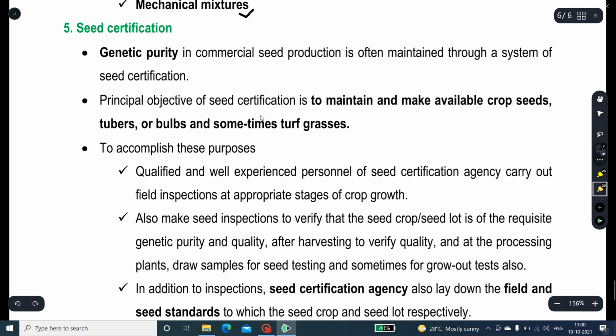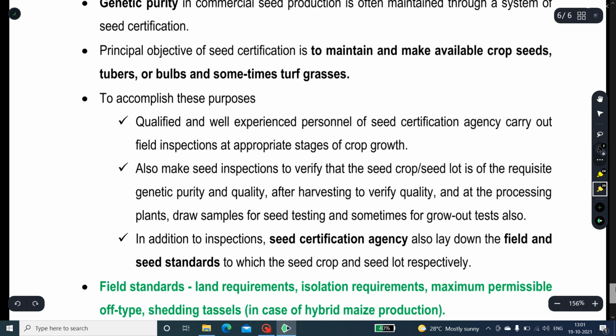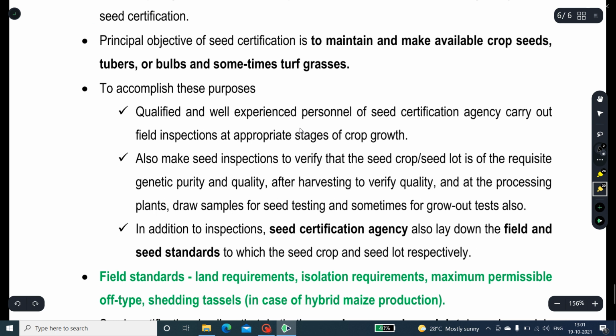The principal objective of seed certification is to maintain and make available crop seeds, tubers, and bulbs, etc. Here a qualified, well experienced person of the seed certification agency carries out field inspections at appropriate stages of growth for different crops at different times. The number of inspections may vary depending upon the pollination behavior. For cross-pollinated crops it is high, and in case of self-pollinated crops, the number of field inspections will be low.